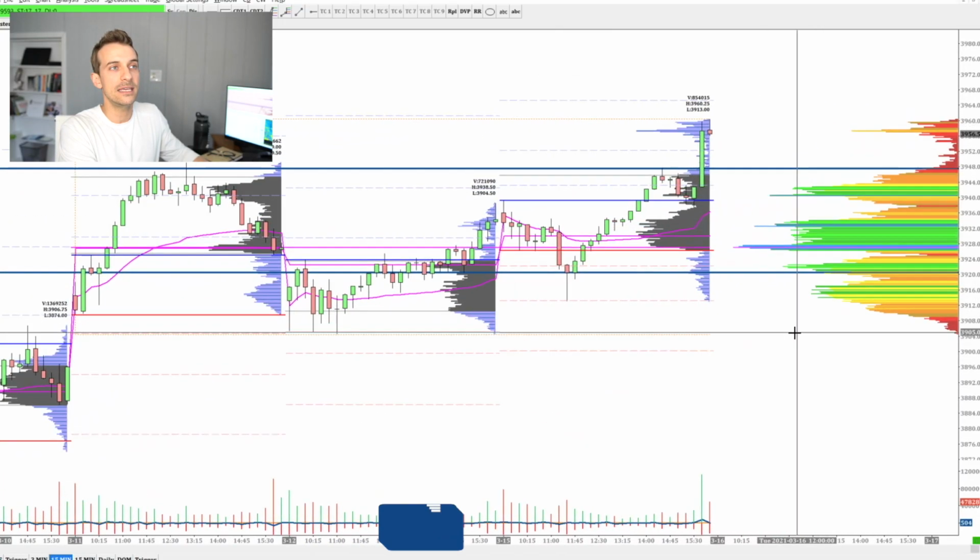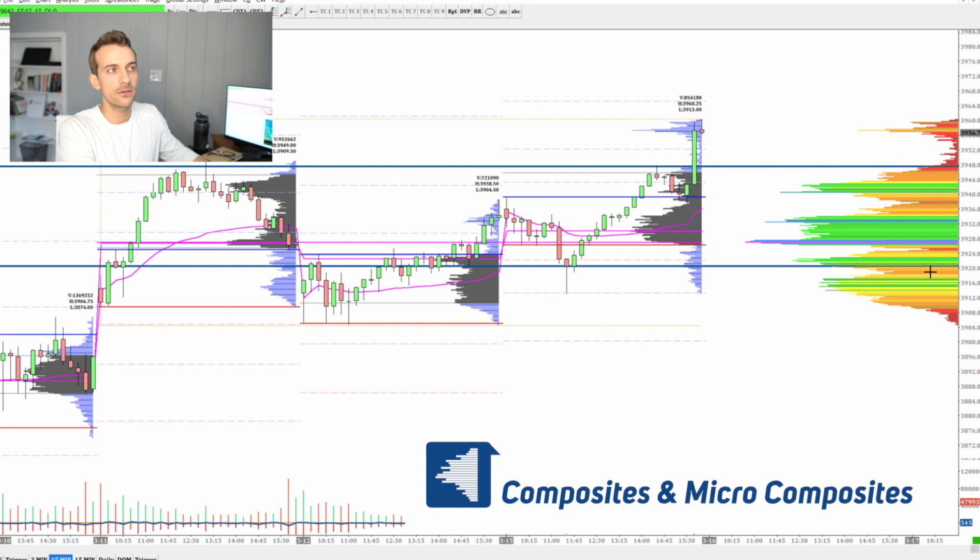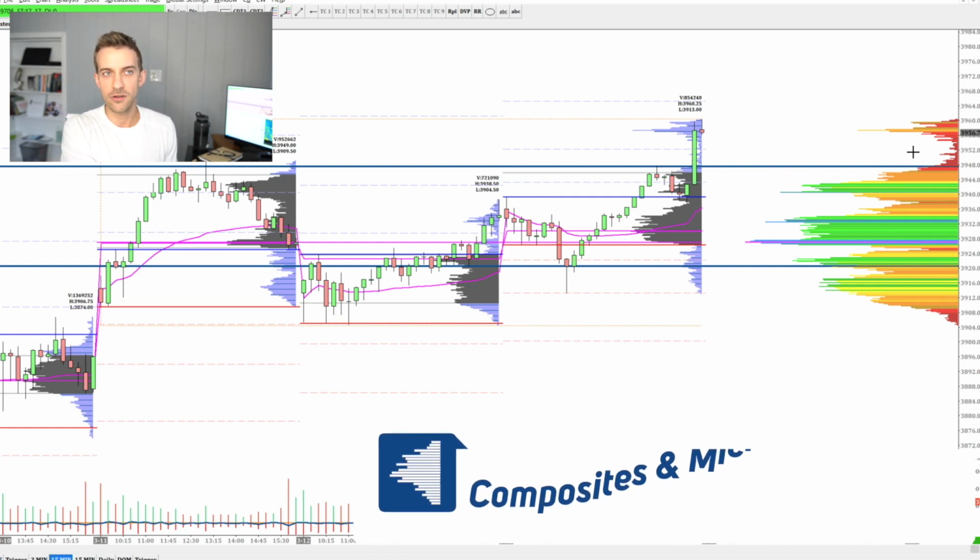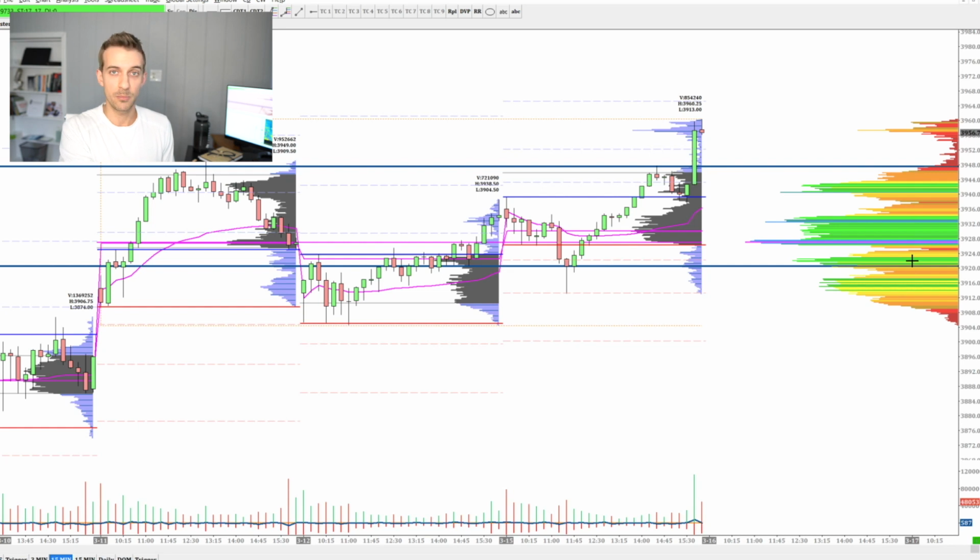The second change that I've made is to the micro composites as well as my composite charts. Okay, so if we're looking at the micro composites that I have drawn here, this is encompassing a few days. I used to have my micro composites and my composites look exactly like my intraday charts.